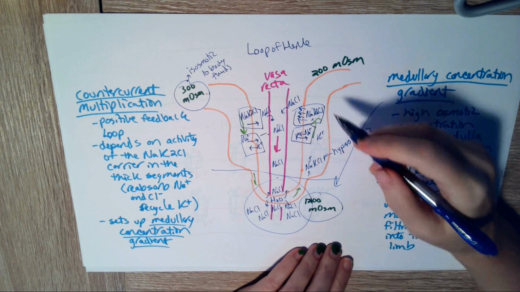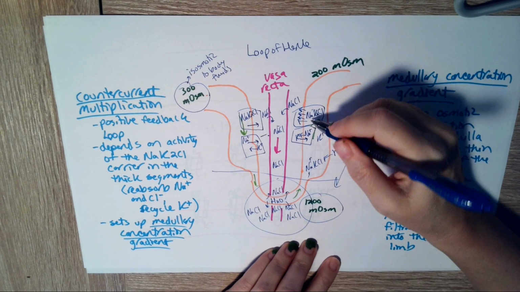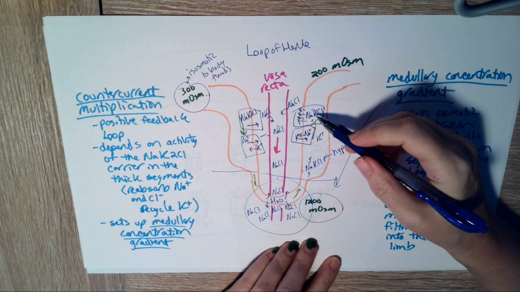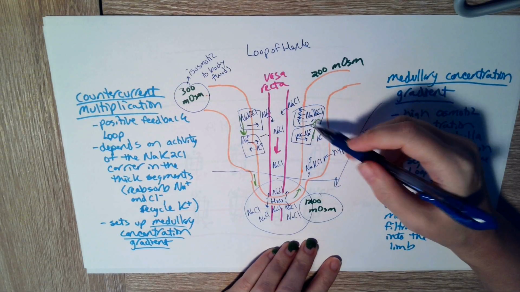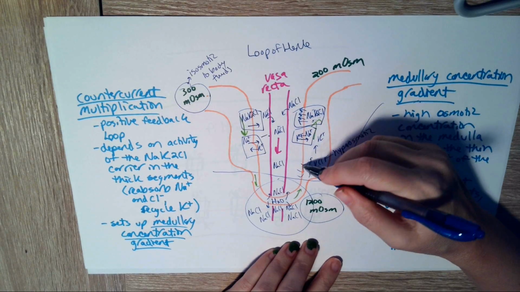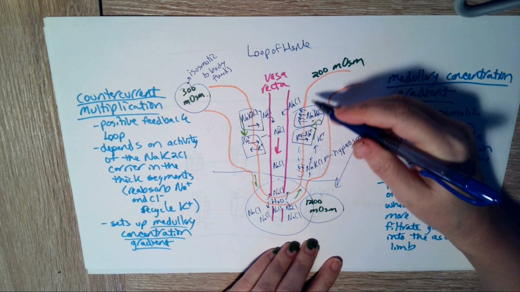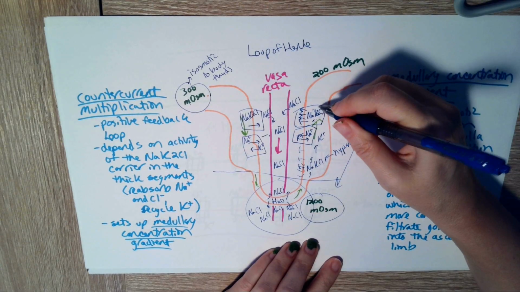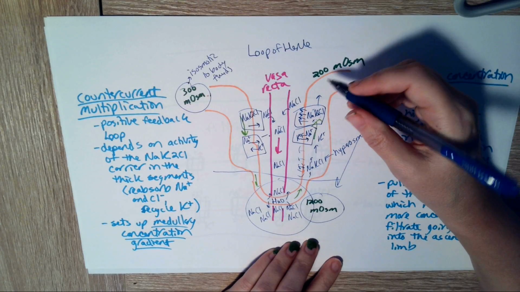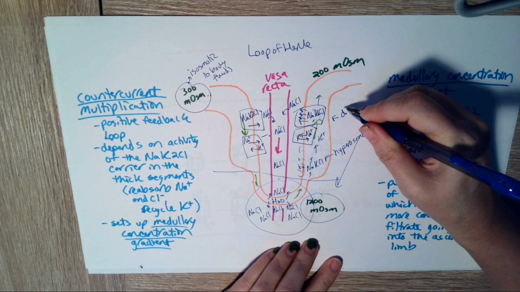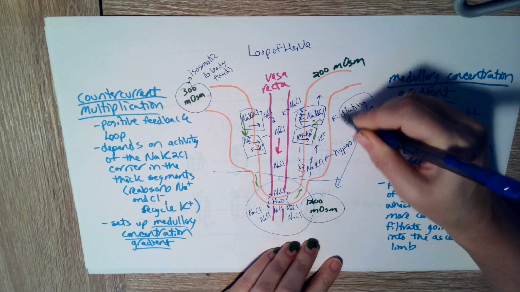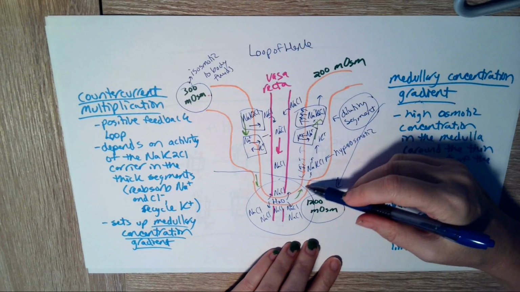Okay, so another thing that is happening as we take all that sodium and chlorine out of there: actually two things are happening. We're losing ions from the filtrate as we go up. The carriers start way down here, so we're losing ions, losing ions, losing ions the whole way up. As we go up, we are becoming more diluted. So this can also be called the diluting segment of the loop of Henle, because we start out super, super concentrated.